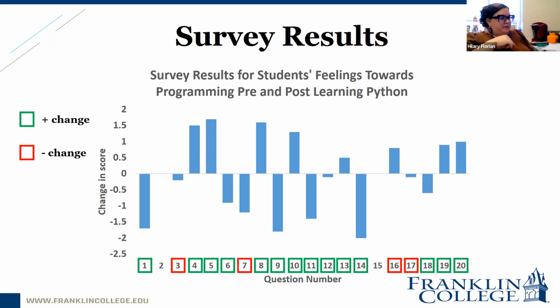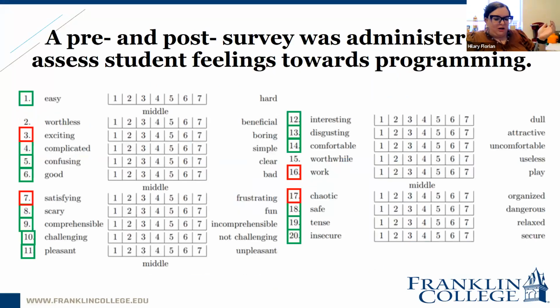And for the ones without boxes, there was just no difference in the scores that they reported. So the key takeaway, the bottom line, is way more positive changes than negative changes, which I feel was good. To help demonstrate this, again, green boxes are the positive changes, red boxes are the negative.